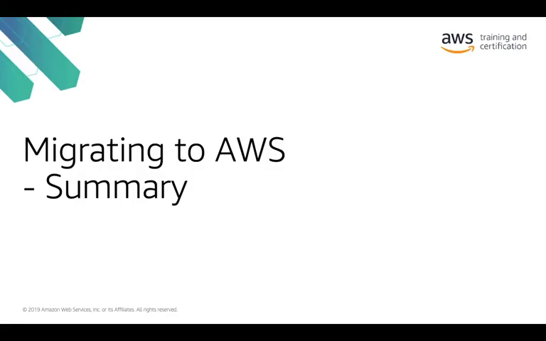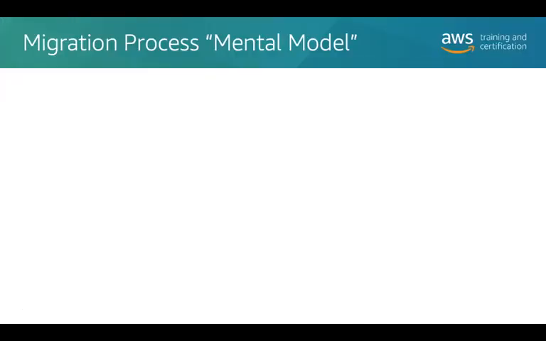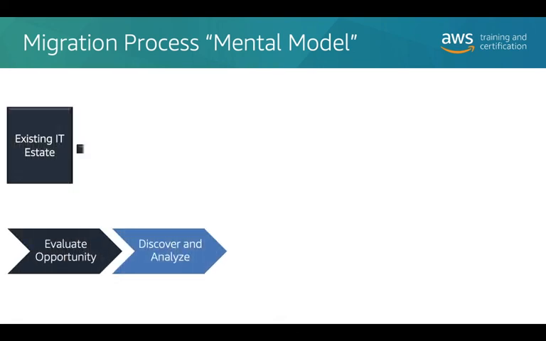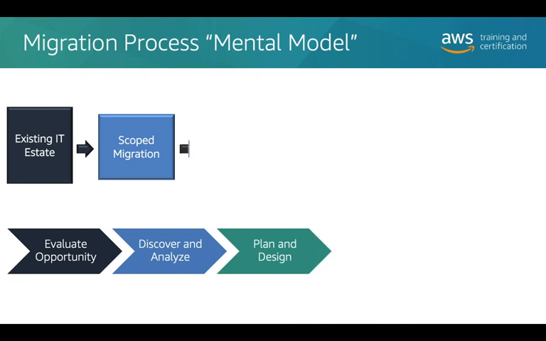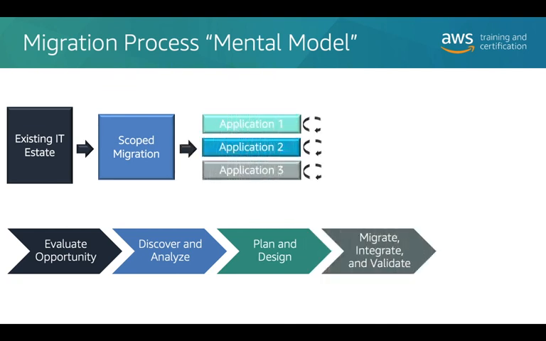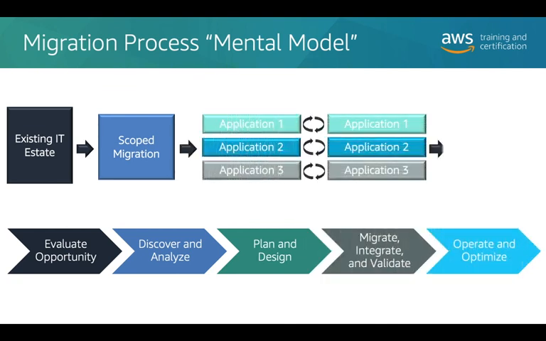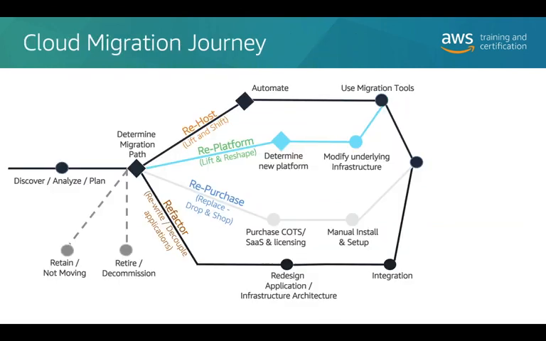So just to summarize about migrating to AWS, one of the features we share with customers and students is this migration process mental model. We go through different phases of this mental model, explain how each of those phases can be implemented, and what the success factors are for each. We also talk about this cloud migration journey, particularly the validation, cutover, and operations side of it, so the 6 R's.